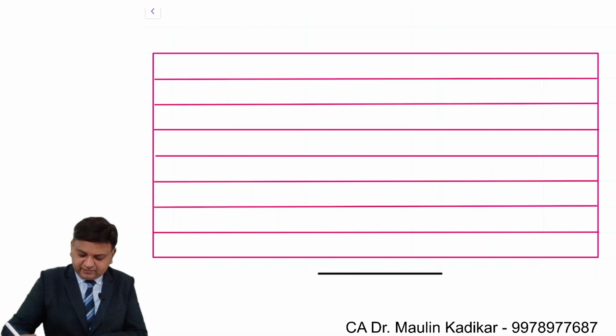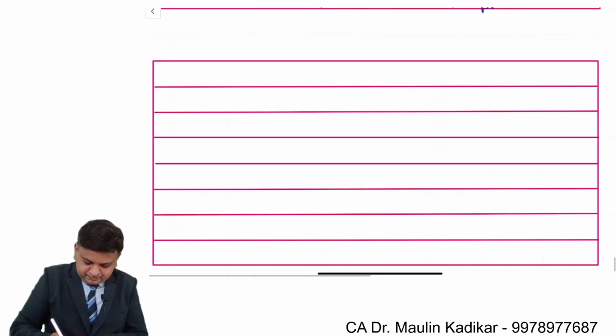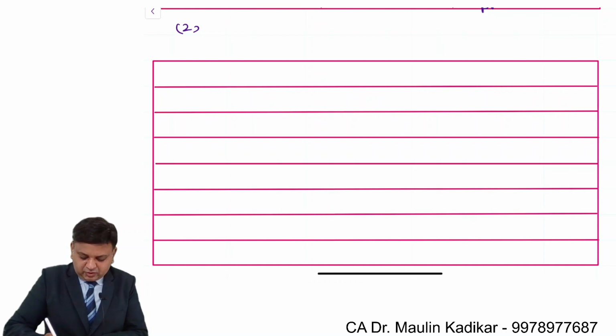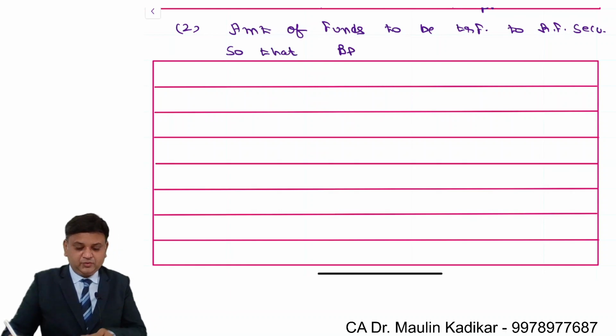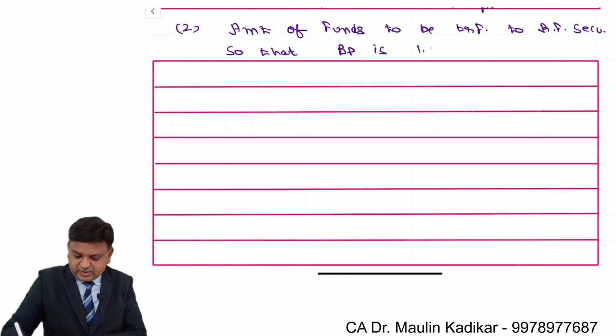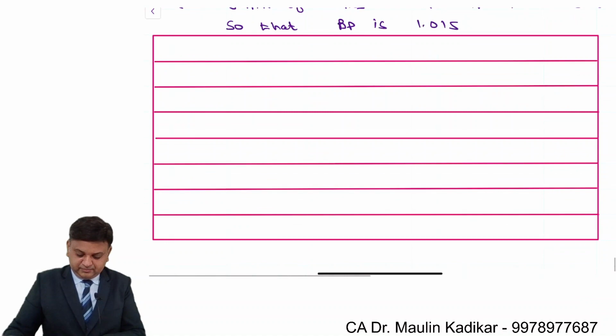So answer for the second part of the question: amount of the funds to be transferred to risk-free security so that beta of the portfolio is 1.015. That is what we understand.